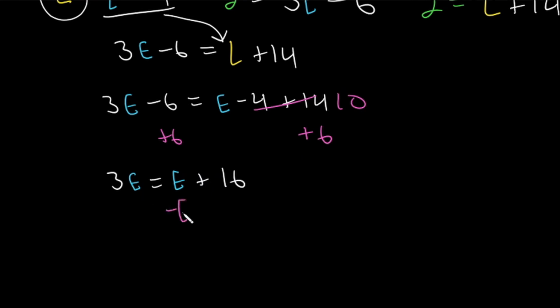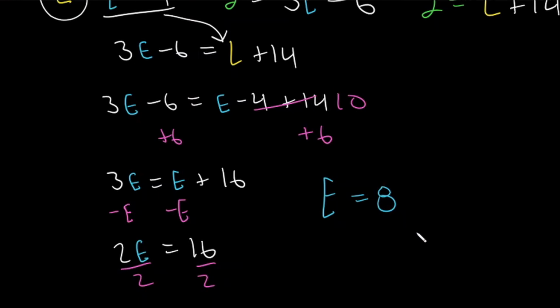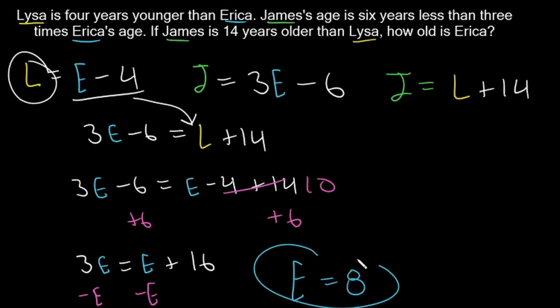So now we can subtract e from both sides. 3e minus e is going to be 2 times e, and that's going to be equal to 16. So now we just need to divide by 2. And finally, we get Erica's age. Erica is 8 years old. So hopefully now you have a better understanding on how to set up a system of equations to solve an age word problem.